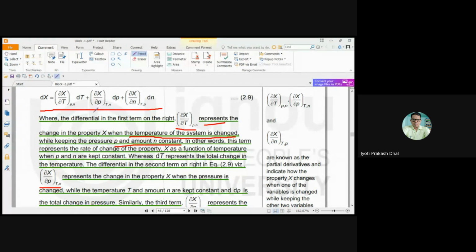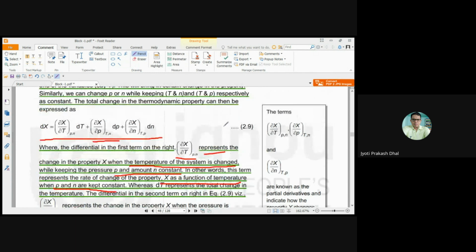And the second term represents the change of the property X as a function of pressure when temperature and N are kept constant. And similarly, the third term represents the change of the property X with respect to change in number of moles, keeping temperature and pressure constant. So this is equation 2.9.